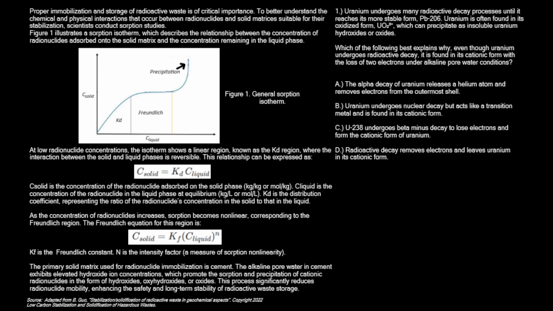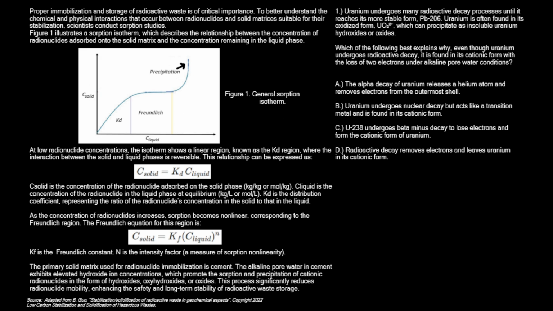It's measured in kilograms per kilogram or mole per kilogram. C liquid is the concentration of the radionuclide in the liquid phase at equilibrium, and it is measured in kilograms per liter or mole per liter. Kd is the distribution coefficient representing the ratio of the radionuclide's concentration in the solid to that in the liquid.